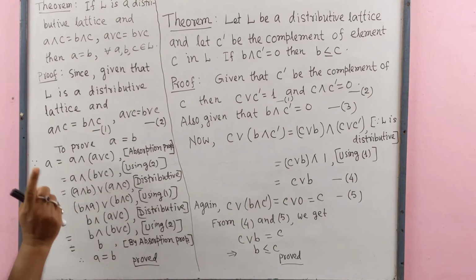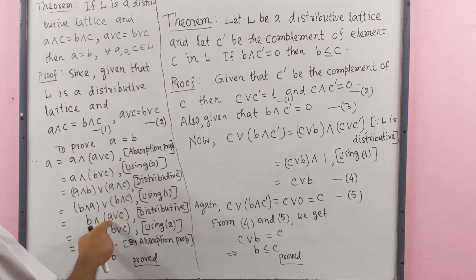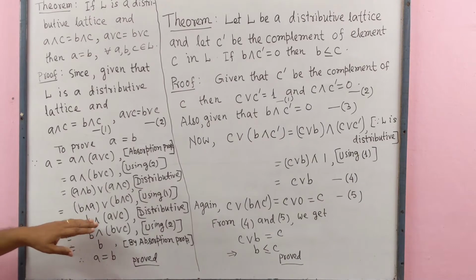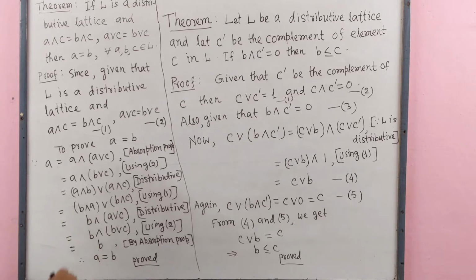And by distributive property, this equals B meet (A join C), because this equals (B meet A) join (B meet C). If we take from this side, we get this result, and from this side we get this result.